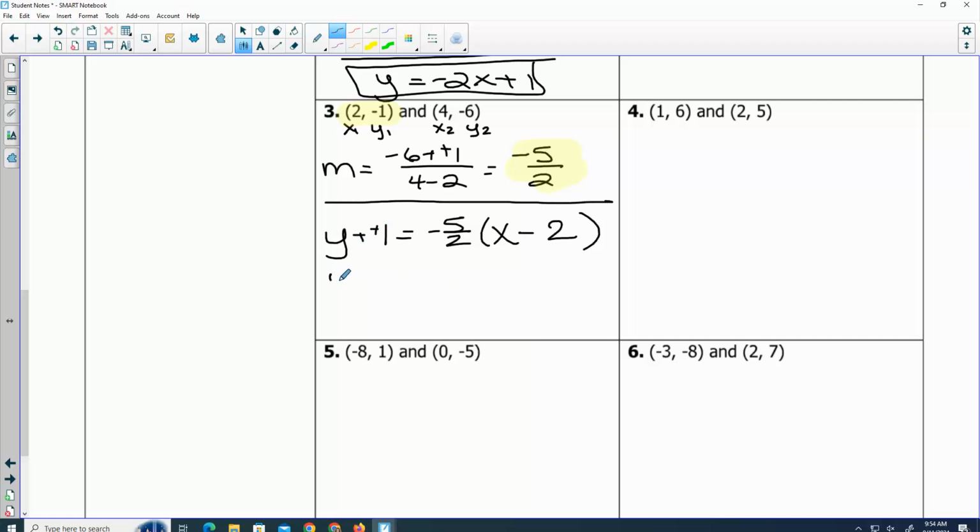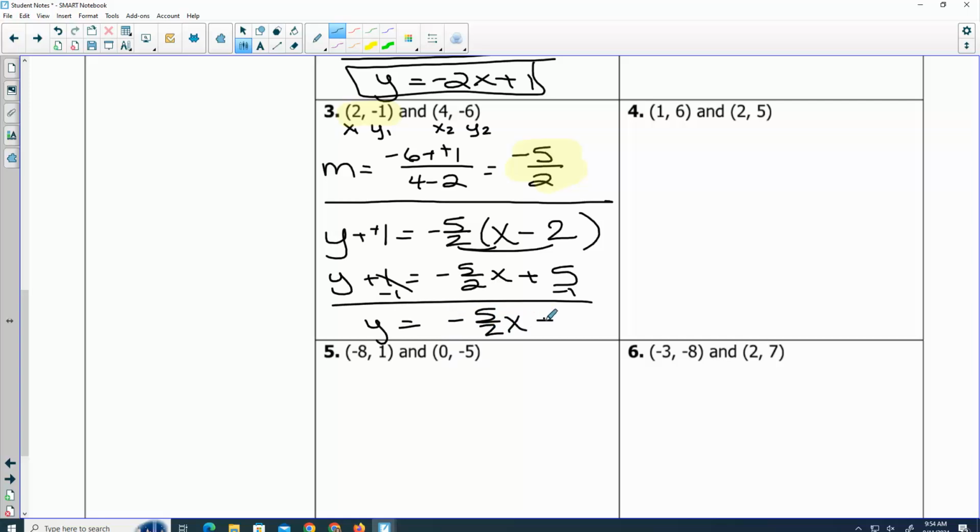Minus a negative is positive, so y plus 1. We distribute, we get a negative 5 halves x. What's negative 5 halves times negative 2? 5. Plus 5. Subtract our 1. We get negative 5 halves x plus 4.